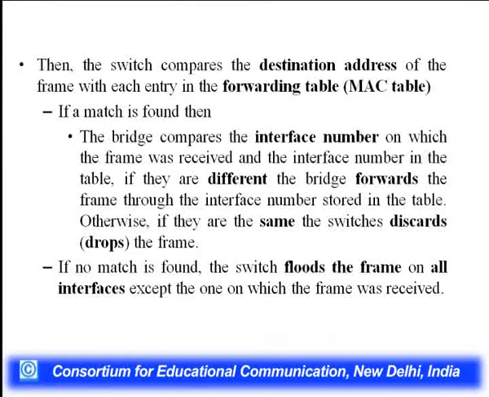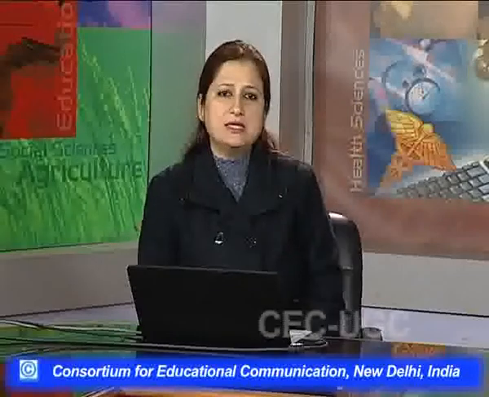If no match is found, the switch floods the frame on all interfaces except the one on which the frame was received. So in this case, what we understand is that a switch will flood only in case where no match is found.